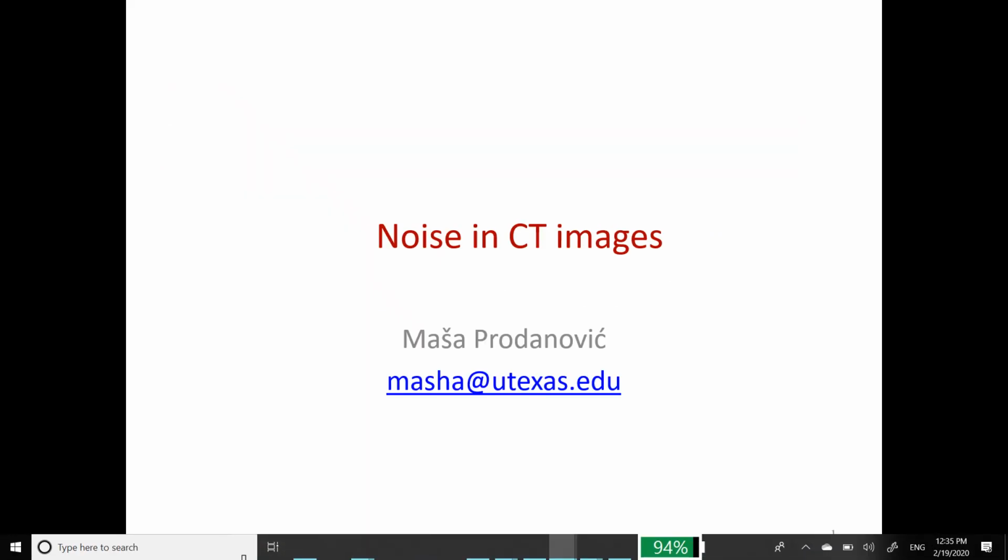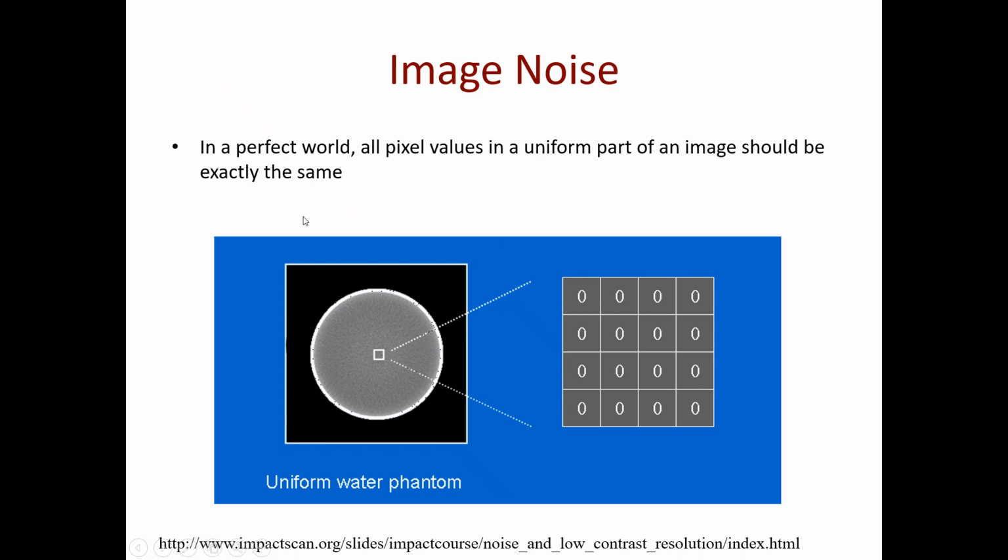So, noise in CT images. If we were imaging a homogeneous sample and we got an image, one slice through it, then technically we should get an array of values that are all the same, except that we don't live in a perfect world.